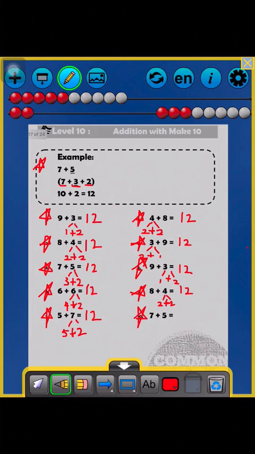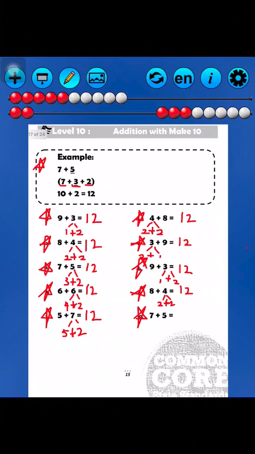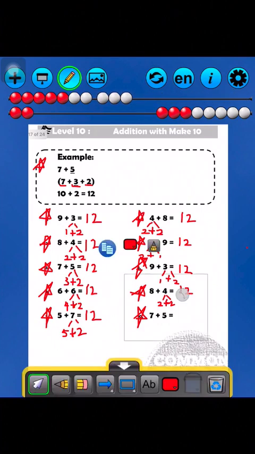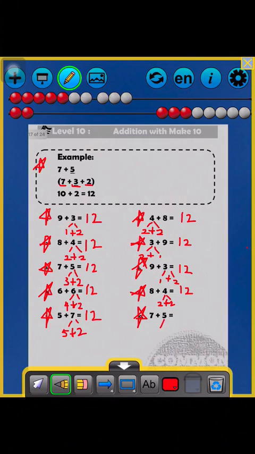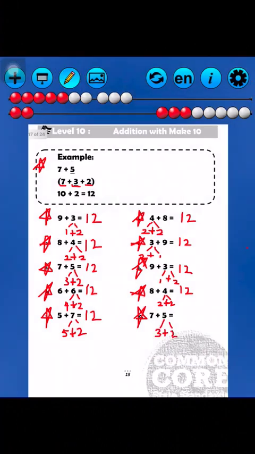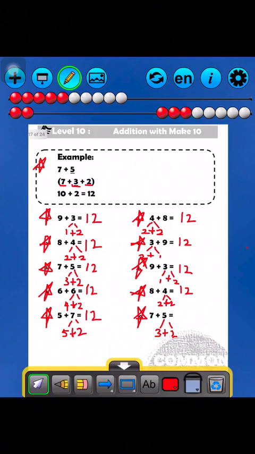And lastly, we have 7 plus 5. So 7 plus 3 equals to 10. So we may take away 3 from 5 and give it to 7. So we have 7 plus 3 plus 2 to get 10 and 2, 12.